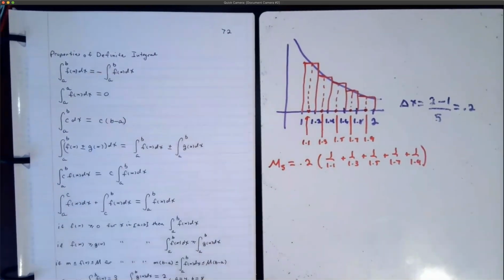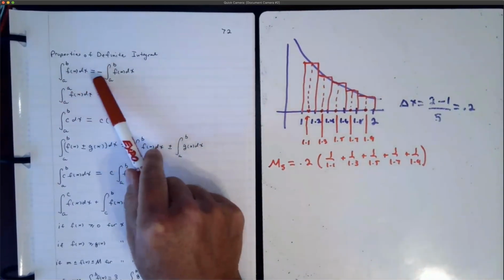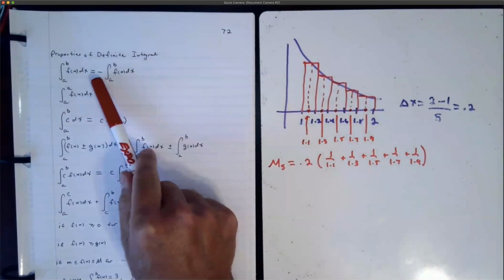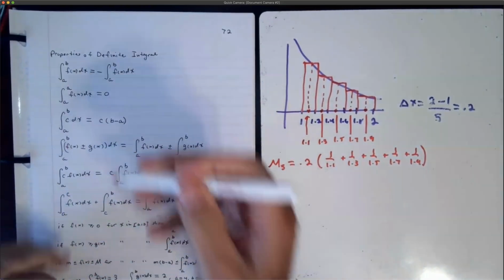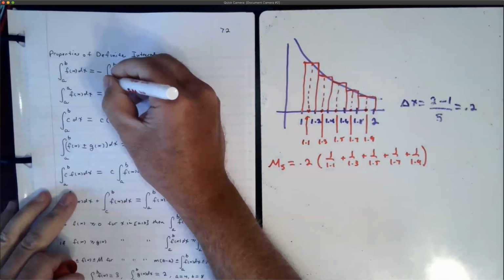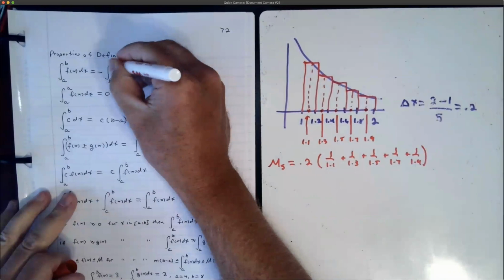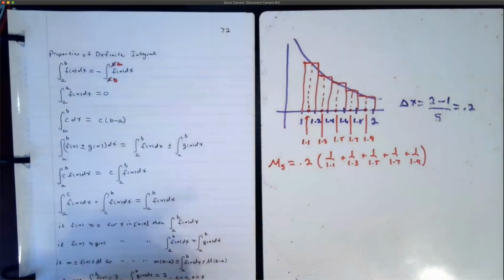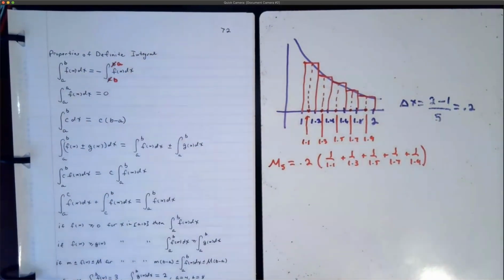It says the integral from a to b of f of x dx is negative the integral from, oh, I forgot to change it. So this should be from b to a. So make sure you change that in your notes. So the integral from a to b is negative the integral from b to a of f of x dx.